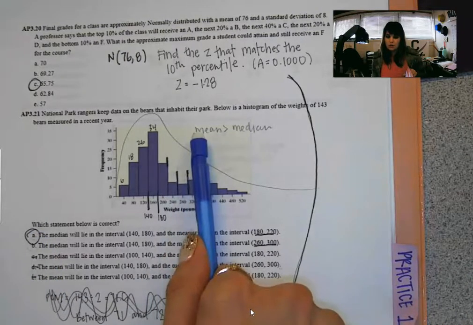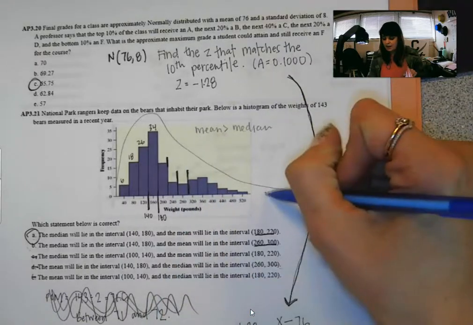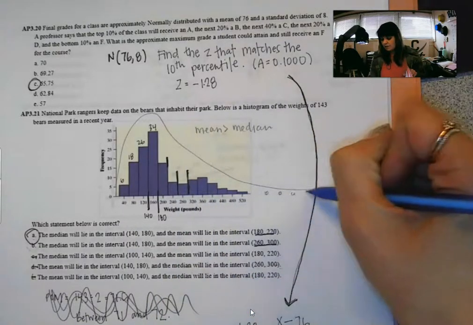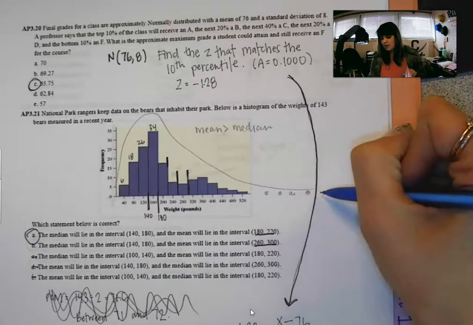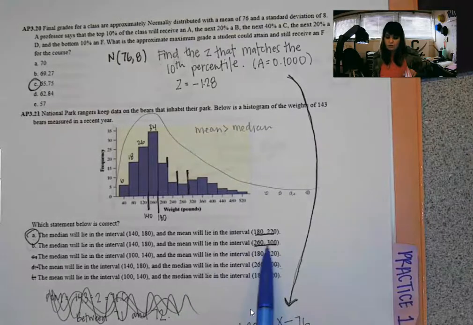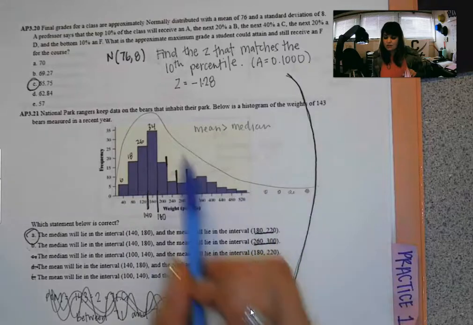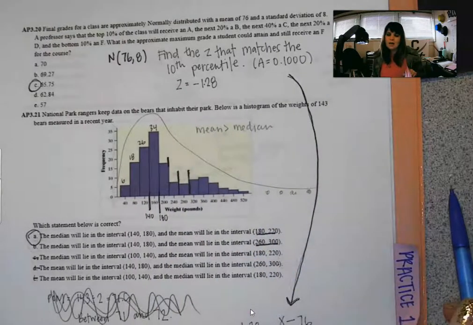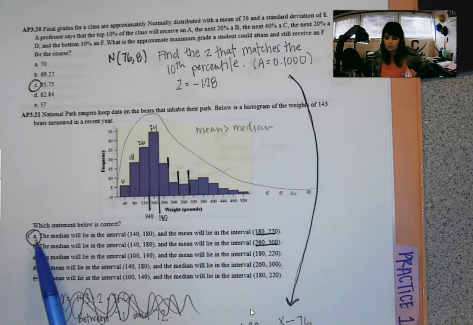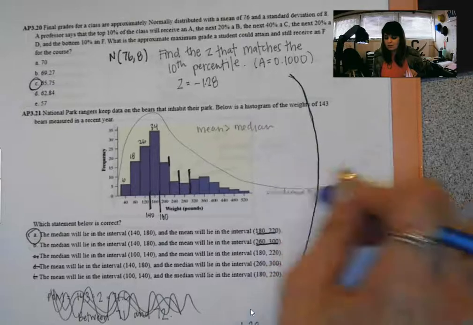mean is not going to be a lot greater than your median unless you have outliers out here. So I shouldn't have chosen the highest interval away from the median, because we don't have any outliers that are really pulling the mean out. We just have right skew. So A is the better option there.